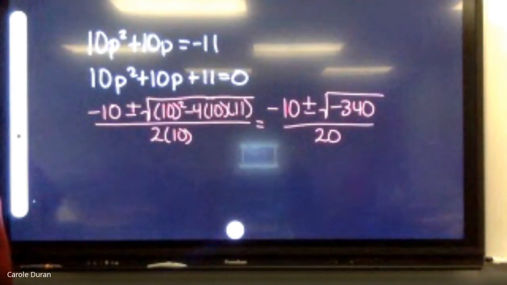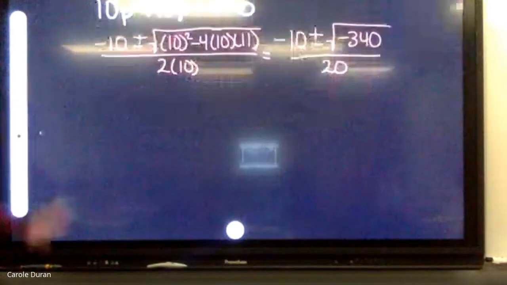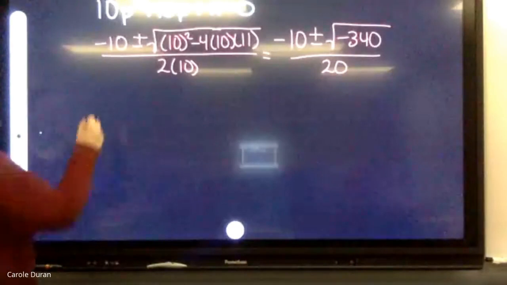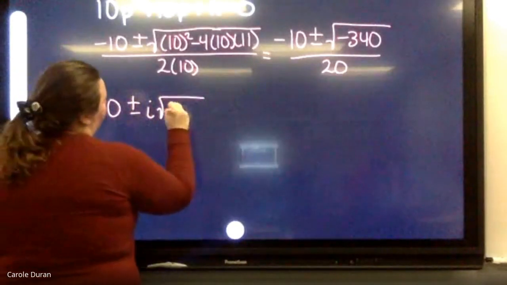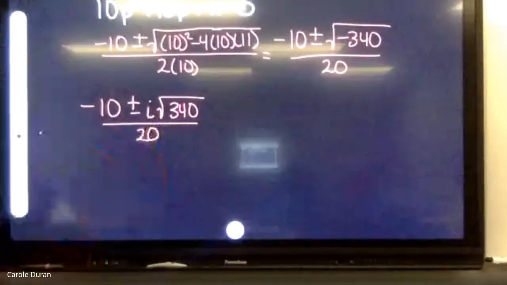Hannah, what do I do? No. Negative 10. Also minus. Gotta put the i out front to get rid of the negative underneath the square root. There you go. And now what do I do next?